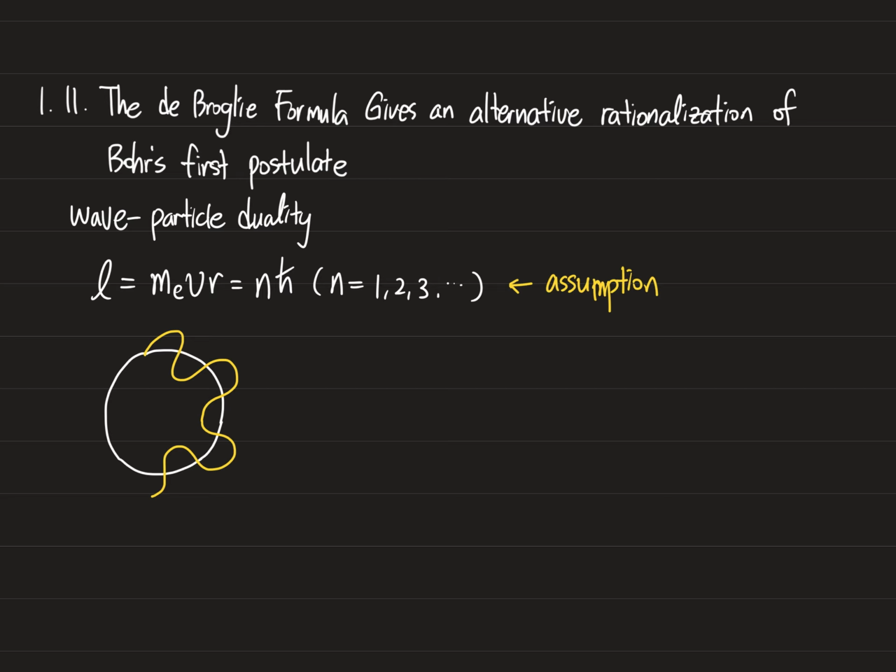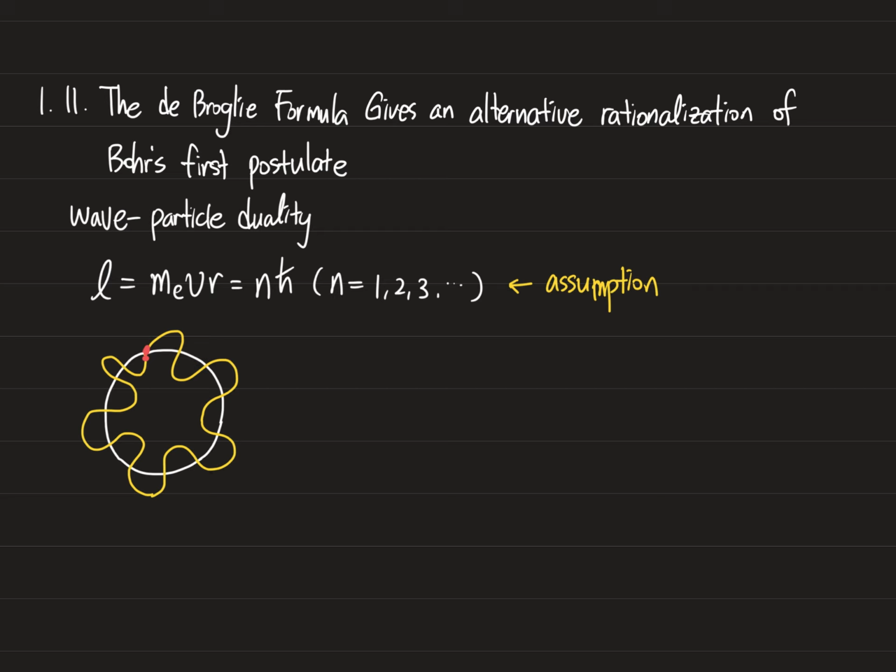So for an orbit to be stable, the electron's wave must not interfere with itself and cancel out. For example, the starting position of the wave somewhere here and the end position of the wave should match to be a stable wave on the circular motion.